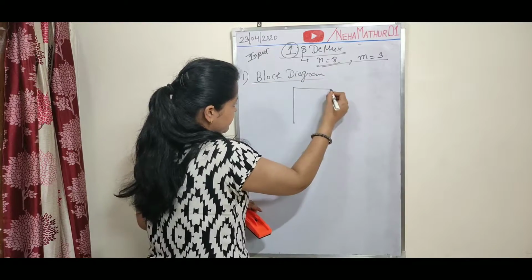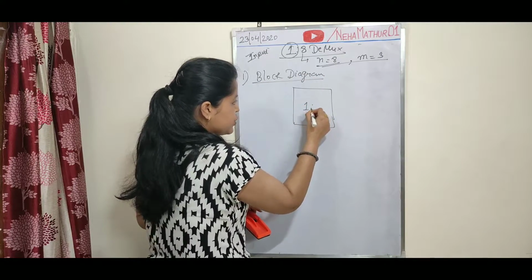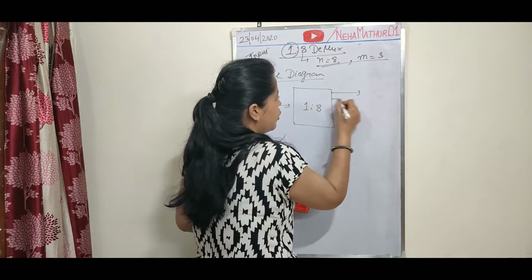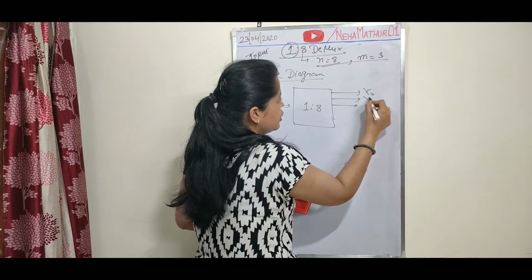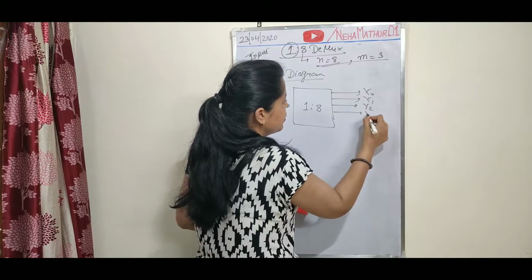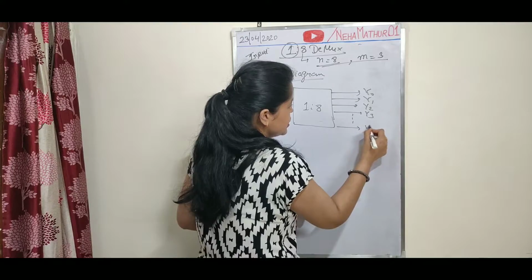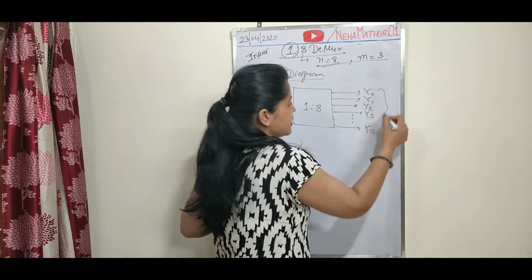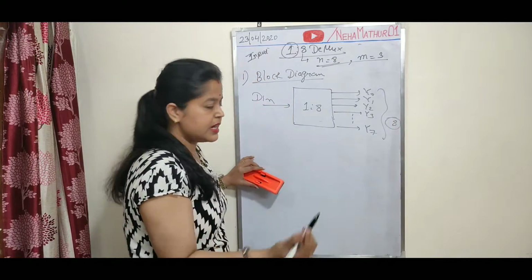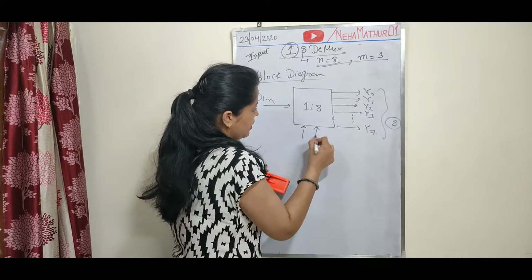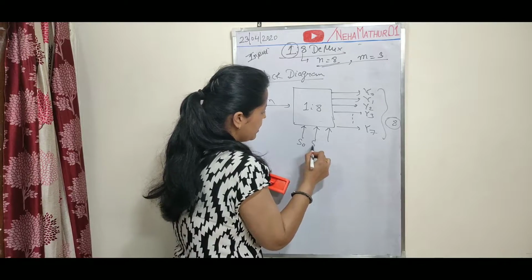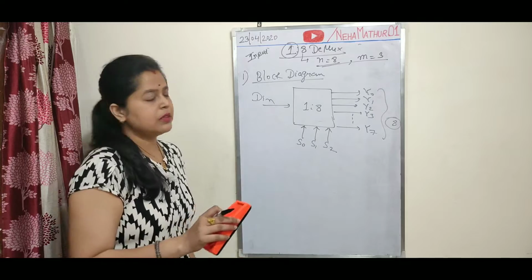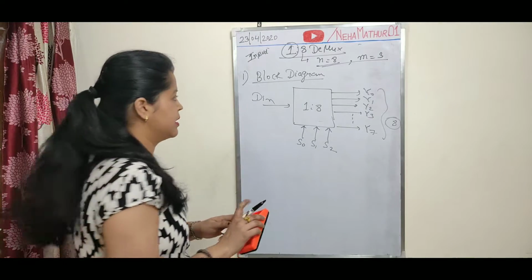Fine. Now what about its block diagram? Block diagram for 1:8 with single input and 8 outputs, Y0, Y1, Y2, Y3 up to Y7, that means a total of 8 outputs, and 3 selection lines represented by S0, S1 and S2. So this is the block diagram for the 1:8 demultiplexer.